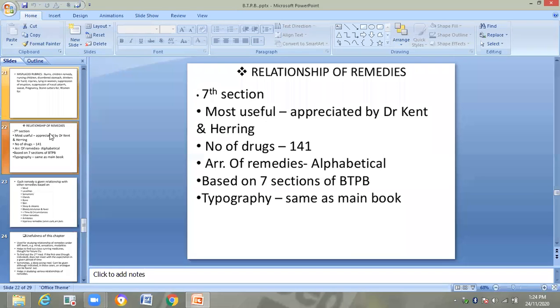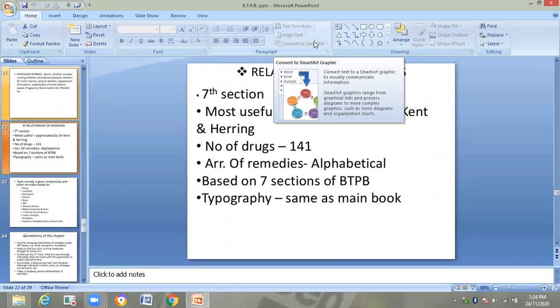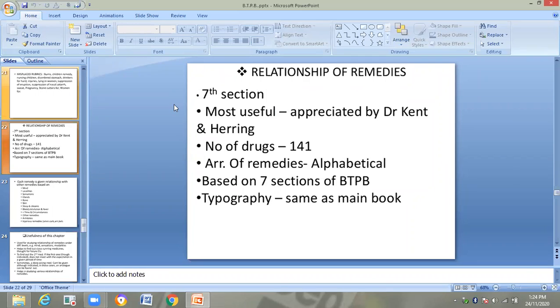Then relationship of remedy. This is the last section, the 7th section in this repertory, and this is the most useful section, clinically very useful for second prescription as well as during further follow-ups.